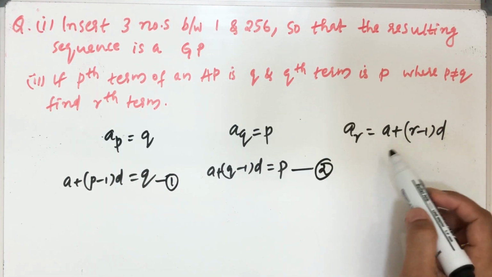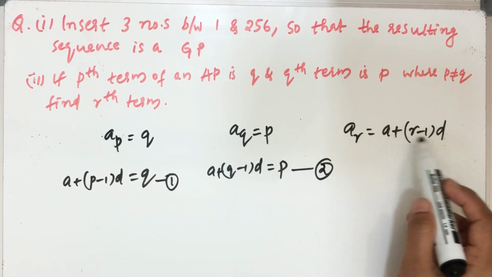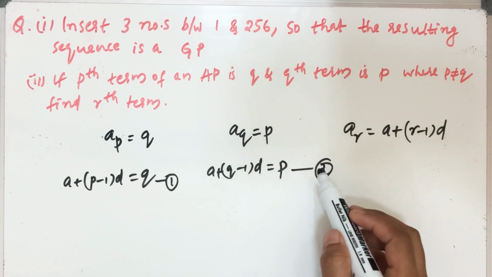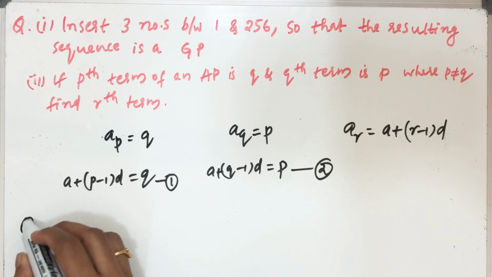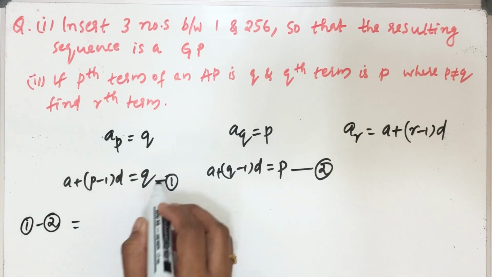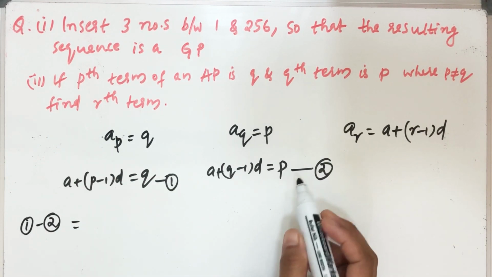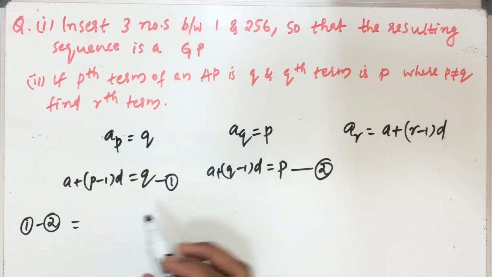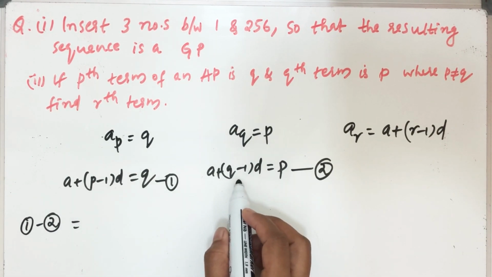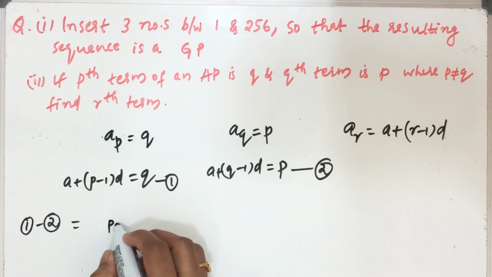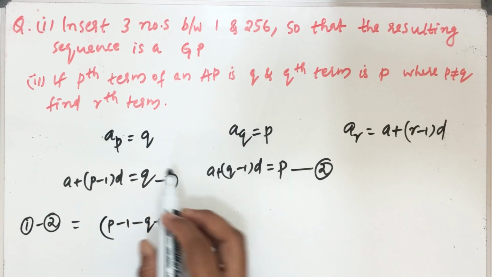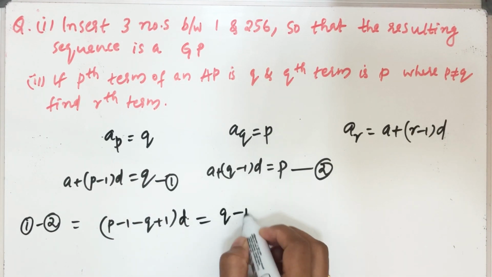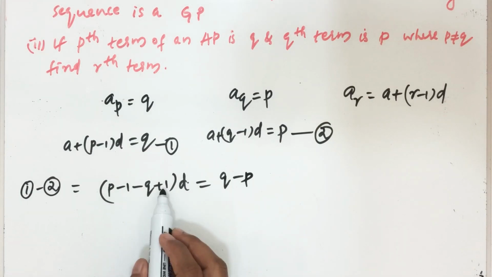To find AR, we need A and D, that is first term and common difference, that we can get from these two equations. So 1 minus 2, first equation minus second equation. We will get A minus A is 0. Then P minus 1 into D minus Q minus 1 into D. That is P minus 1 minus of Q minus 1, that is minus Q plus 1, into D is equal to Q minus P. Here minus 1 plus 1, 0.